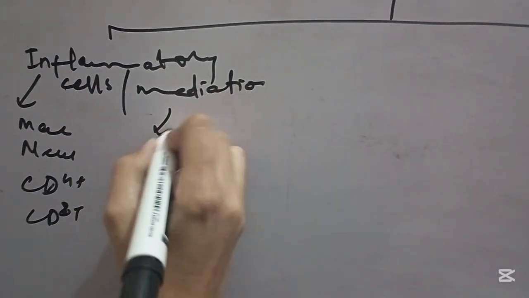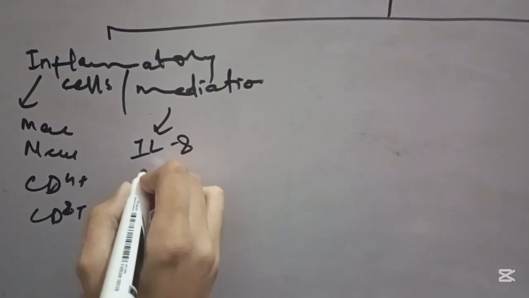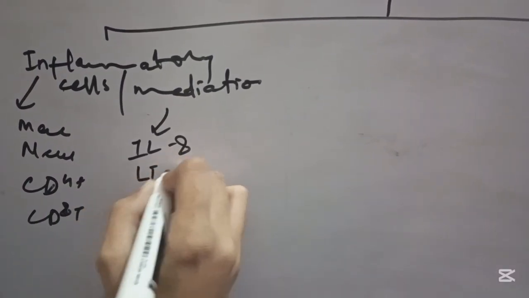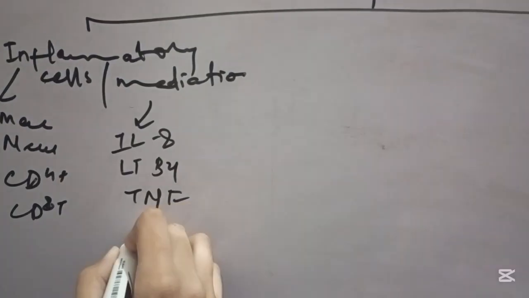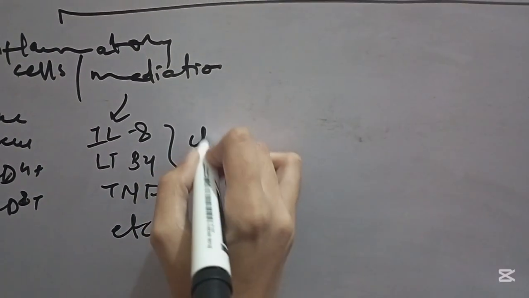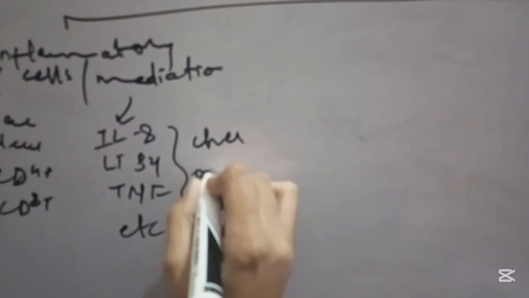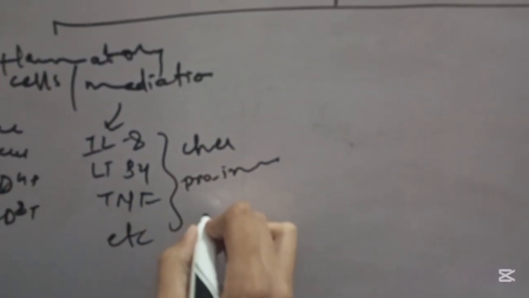And the mediators that are present include interleukin 8, LTB4, TNF, and many more. These mediators act as chemokines. They are going to attract other inflammatory cells to the site of the reaction. They act as pro-inflammatory mediators, thus promoting the inflammation, and they act as growth factors.